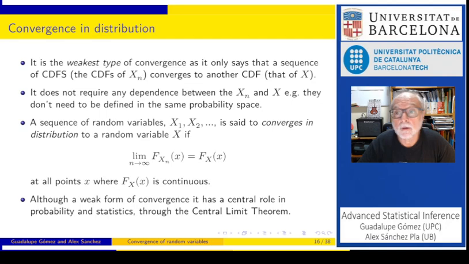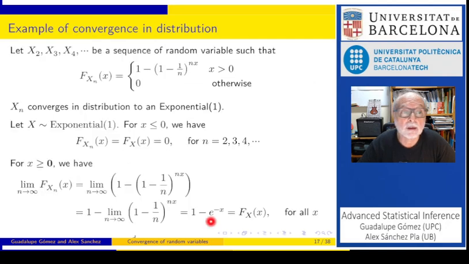So for instance, we have here an example where we can study convergence in distribution. We have a sequence of random variables whose distribution function has this form, and we study the limit of this distribution. We can realize that the limit is 1 minus e to the minus x, and by the form of the expression, that is precisely the distribution function of an exponential random variable.